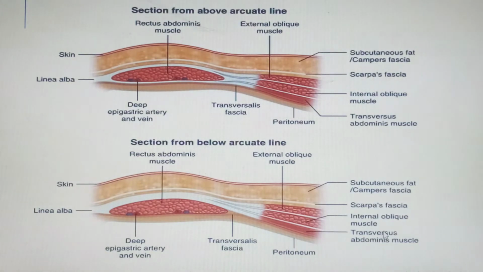the arcuate line. But let me tell you that, yes, by way of content of this rectus sheath, then it means that, no doubt, rectus abdominis muscle will be a content. Apart from that, we also have the superior epigastric vessels, superior epigastric artery and vein, because those ones will run deep to the rectus abdominis muscle.